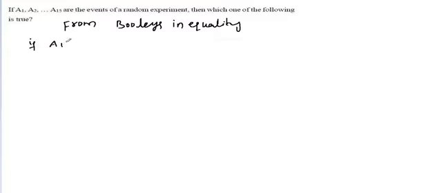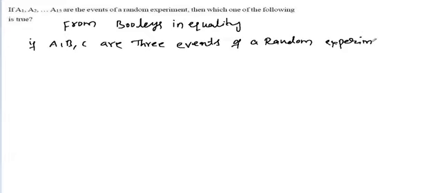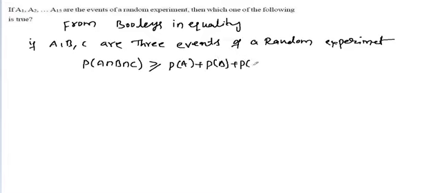So here, according to Boole's inequality, if A, B, C are three events of a random experiment, then P of A intersection B intersection C is greater than or equal to P of A plus P of B plus P of C minus 2.